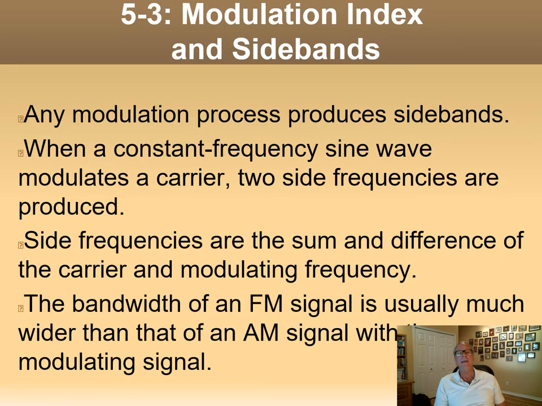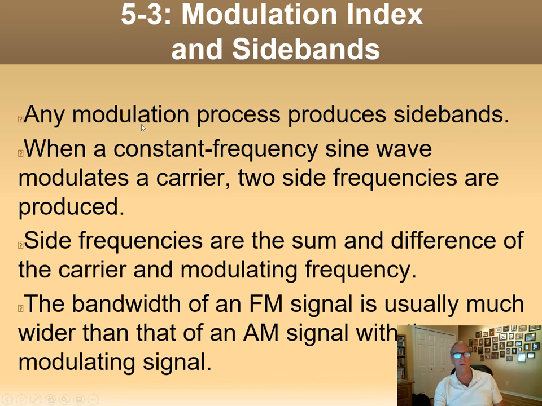Okay, so sidebands. Anytime you modulate something, as we saw with the spectrum analyzer demonstration, and some of the other demonstrations, and you see it with your labs, you always get sidebands. Now the difference between AM sidebands and FM sidebands: for AM, as we know, we get two side frequencies.